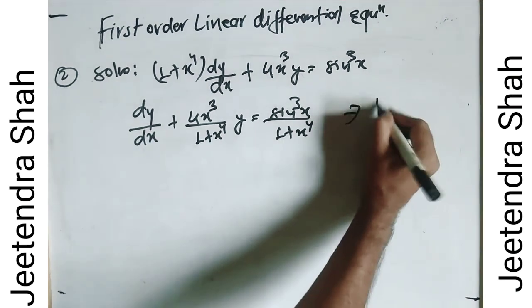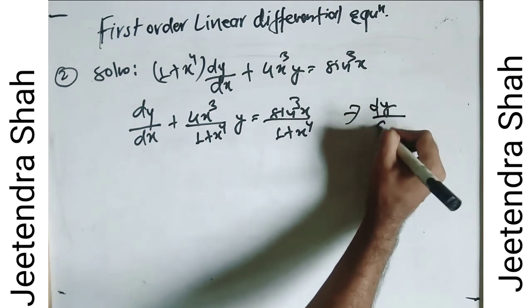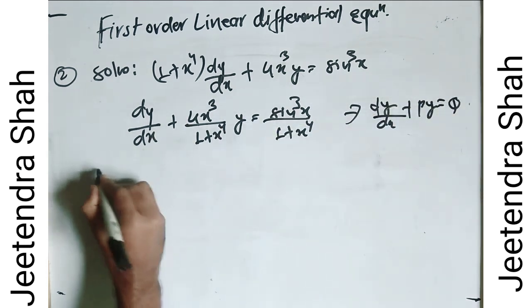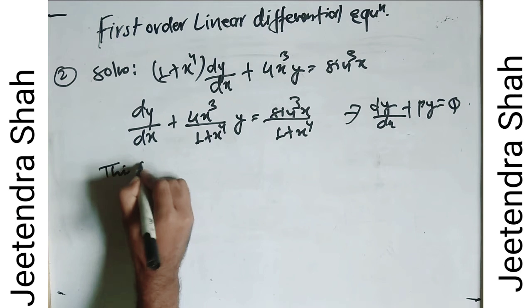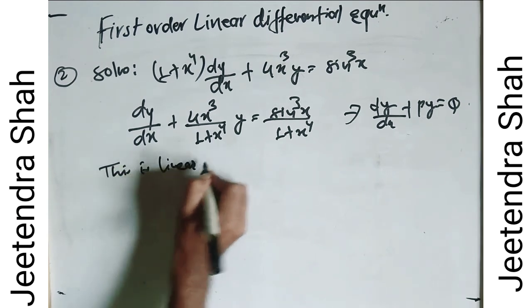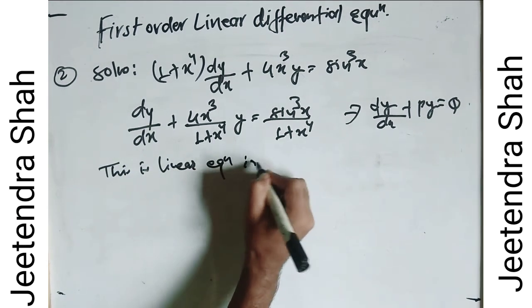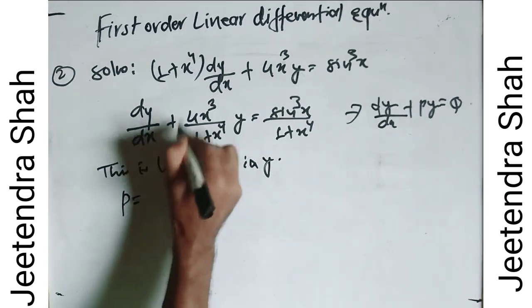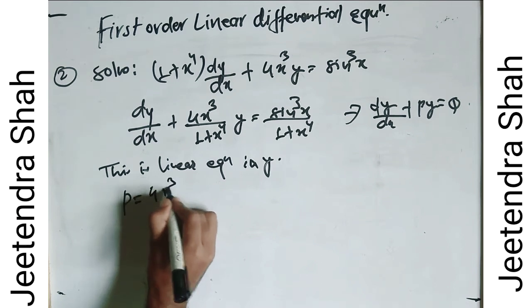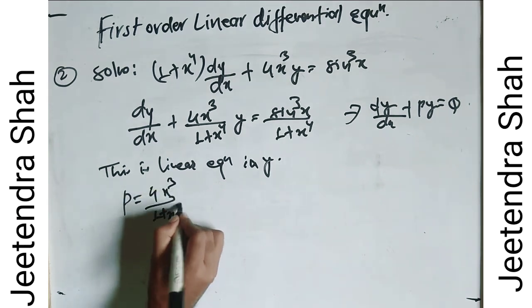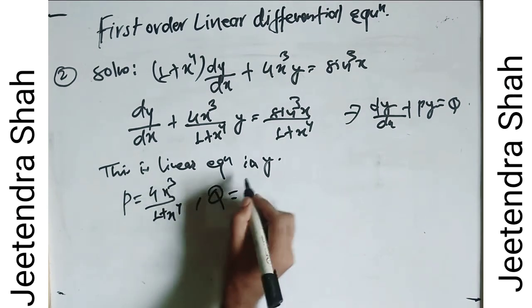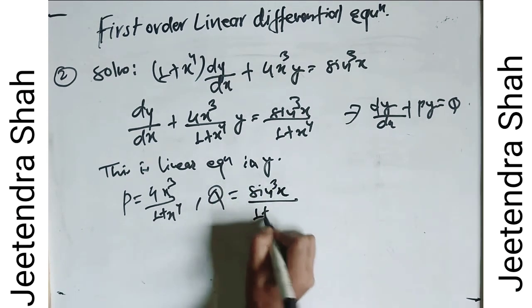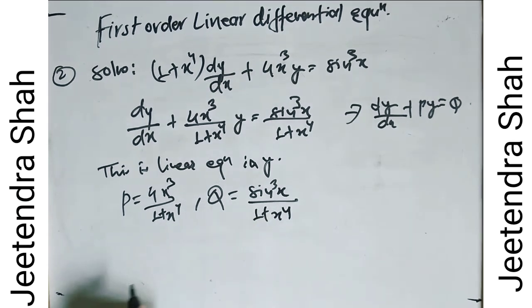Now this is in the form dy/dx + Py = Q, a linear equation in y. Here P equals 4x^3/(1 + x^4), and Q equals sin^3 x/(1 + x^4).